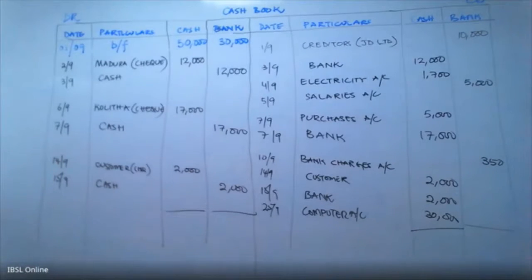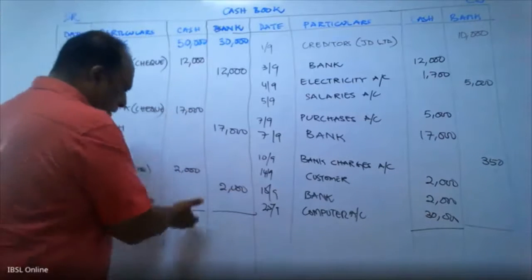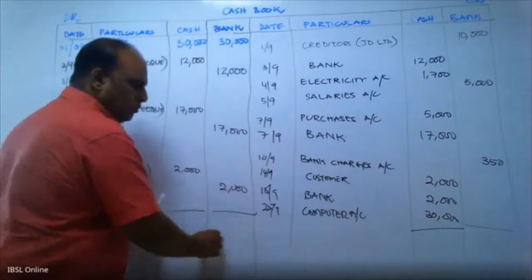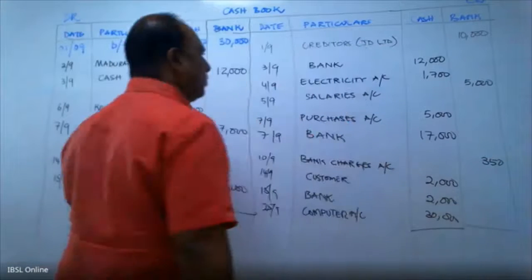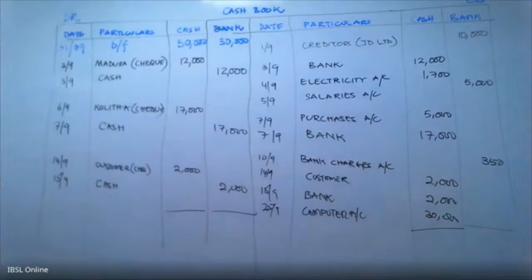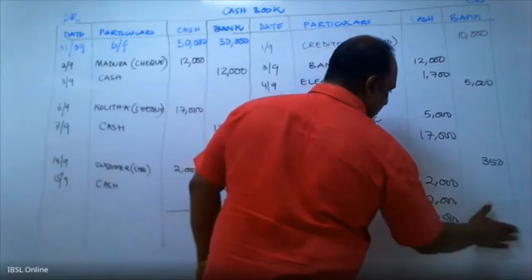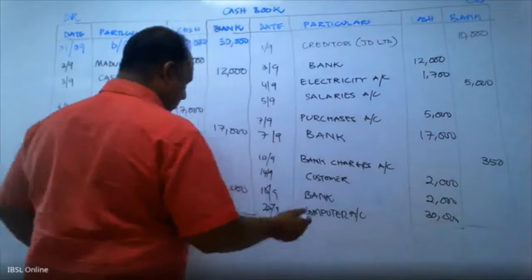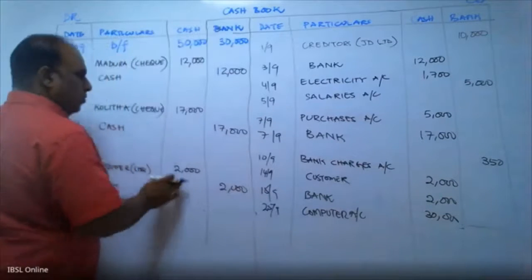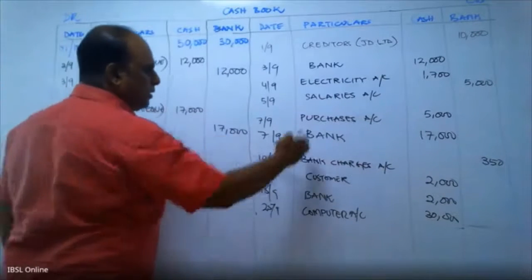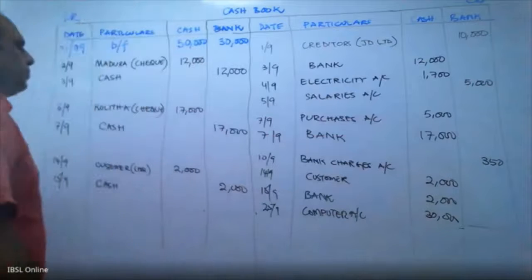Okay. So now you have to balance the account. So balancing, you have a debit side, 2 columns, credit side, 2 columns. So find the totals. Total all 4 columns.